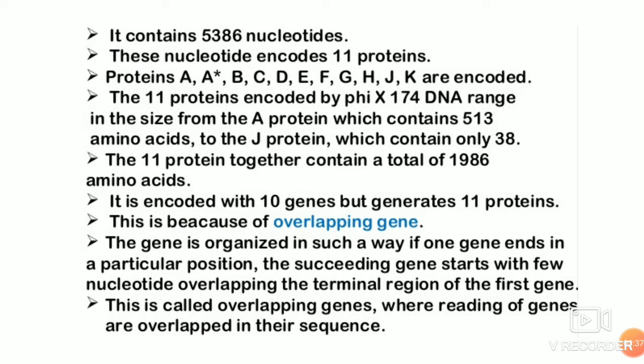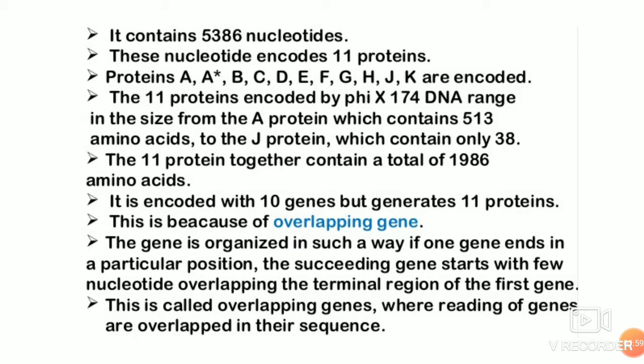It consists of 5386 nucleotides. The nucleotides encode a total of 11 proteins. The A to K are 10 proteins, and A star lies inside the A protein. We'll see how the protein mRNAs are arranged. Totally 11 proteins are encoded.